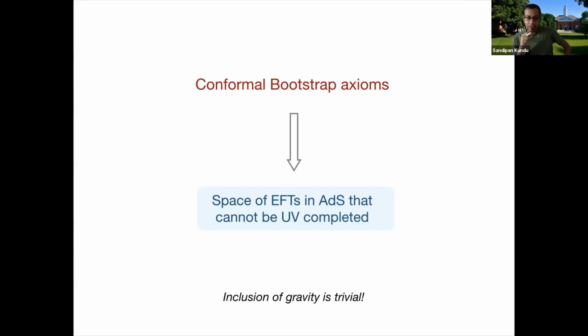Both, in the sense that if I just want to study effective field theory in AdS, I can always take the limit where the central charge is so large that the stress tensor decouples completely from the low energy spectrum. Then whatever bound I derive in that setup is a bound on just the effective field theory without any dynamical gravity. But in the CFT, we know that at the end of the day we have to couple the quantum field theory to gravity.